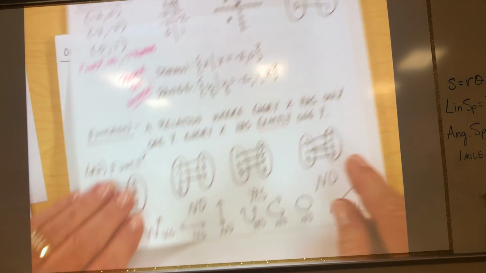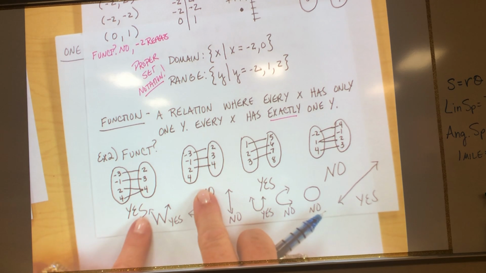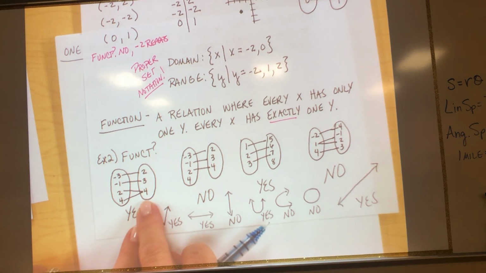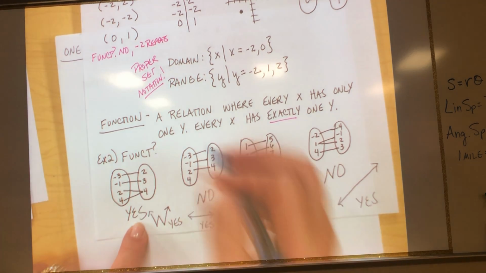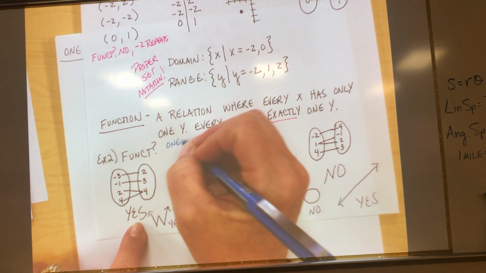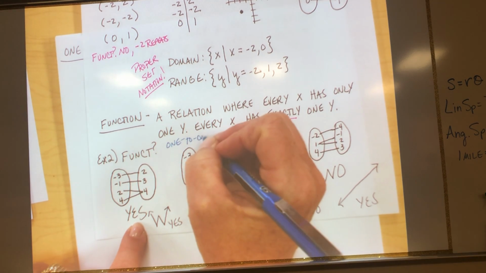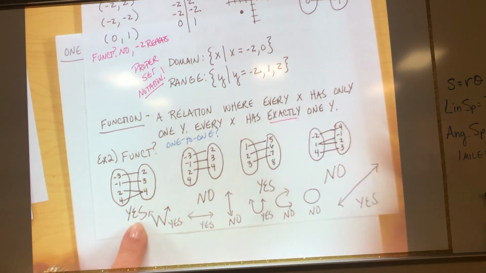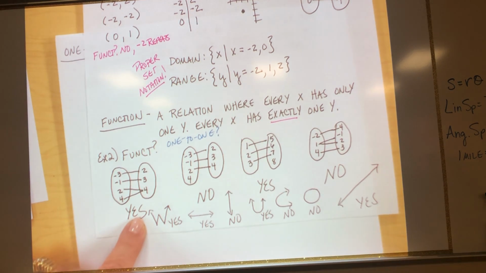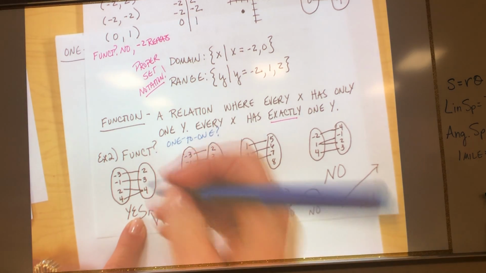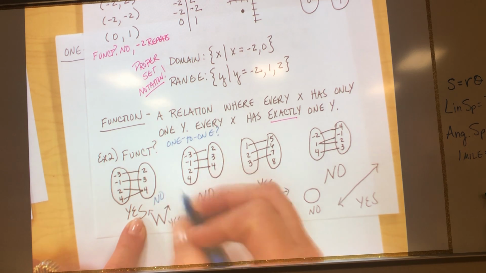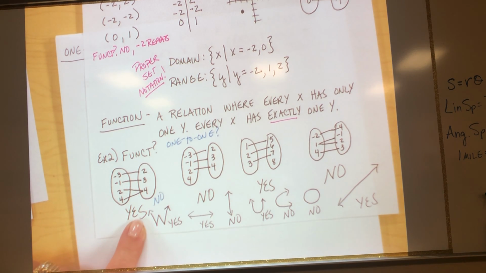All right, so let's start down here. This guy is a function, okay? So now I wanna know, is he one-to-one? I'm not gonna keep writing that, I'm just gonna write it in a different color. So is this guy one-to-one? No. Okay, so justify your answer and be specific.